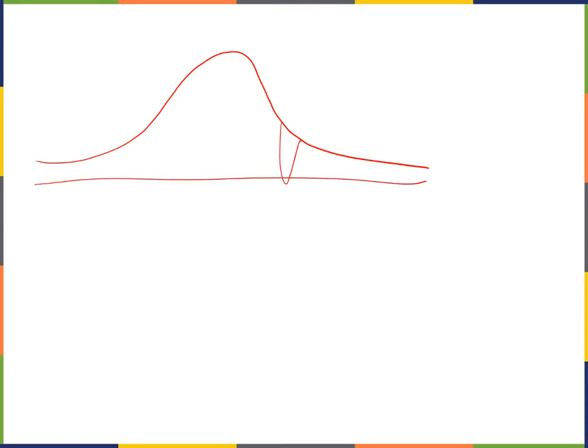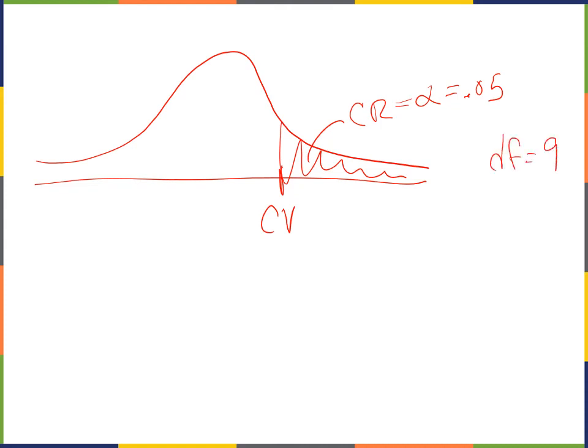We had a right-tailed test. This is our critical region. This is our critical value. What we need to do is look at this critical region and say, okay, this is our alpha, which was 0.05. So our area in one tail is 0.05. Our degrees of freedom is 9. And we need to then find the critical value here.